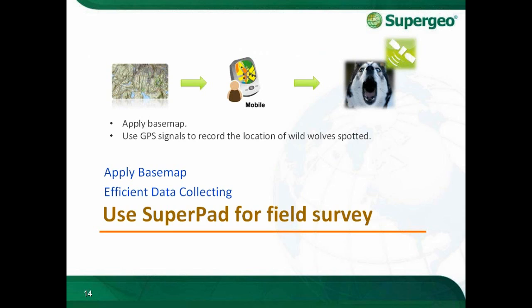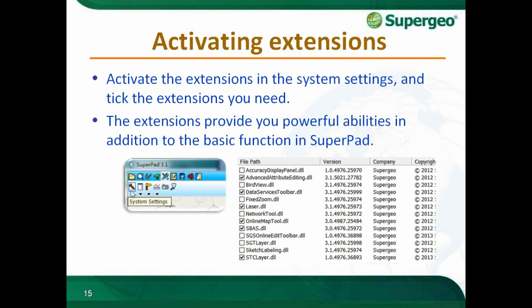In the first section, we are going to introduce how to use SuperPad for your field survey, including applying base maps and using GPS signals to record the location of your points of interest. We are going to introduce a lot of different extensions today.